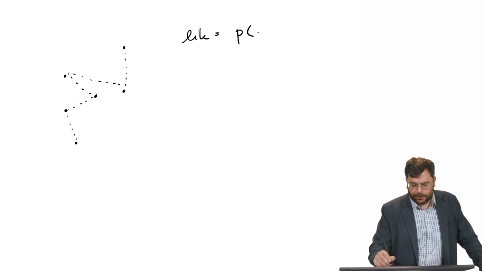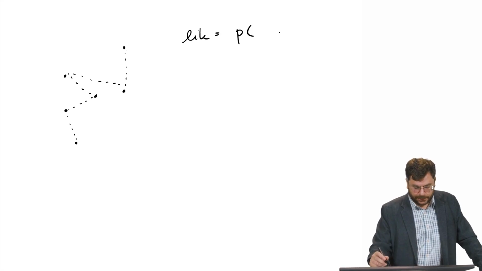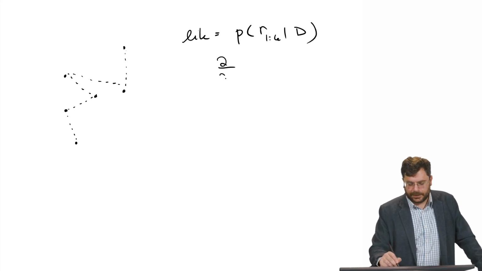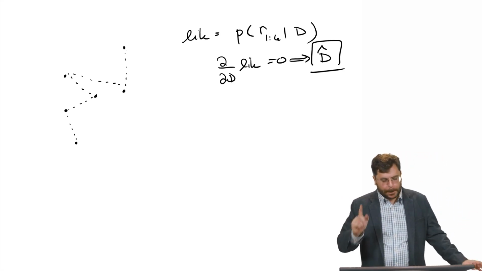My likelihood is going to be the probability of R 1 to 6 given my diffusion coefficient. And if I maximize my likelihood with respect to D, then I'm going to get some estimator for my diffusion coefficient from this trajectory.